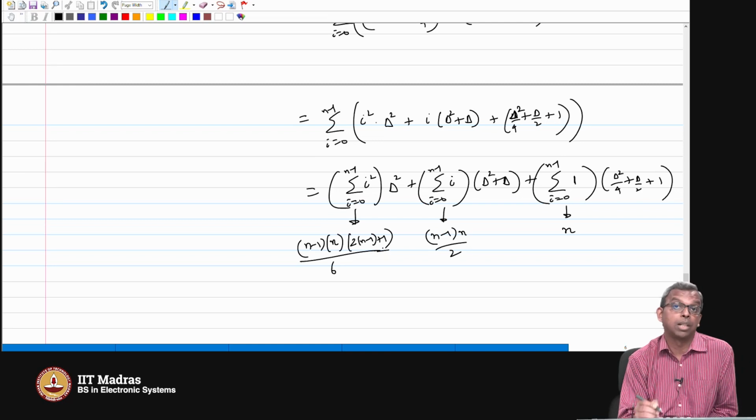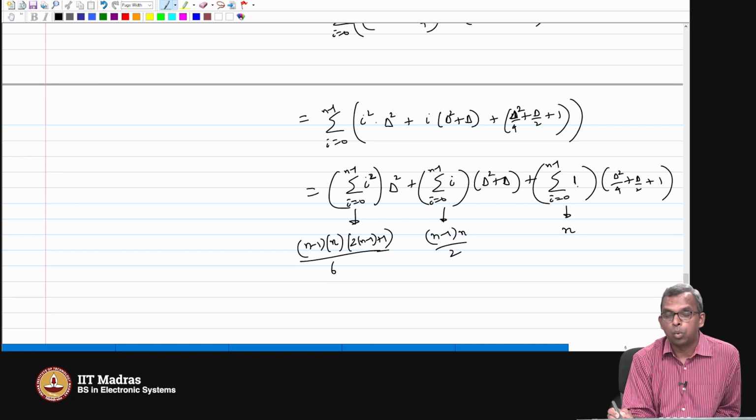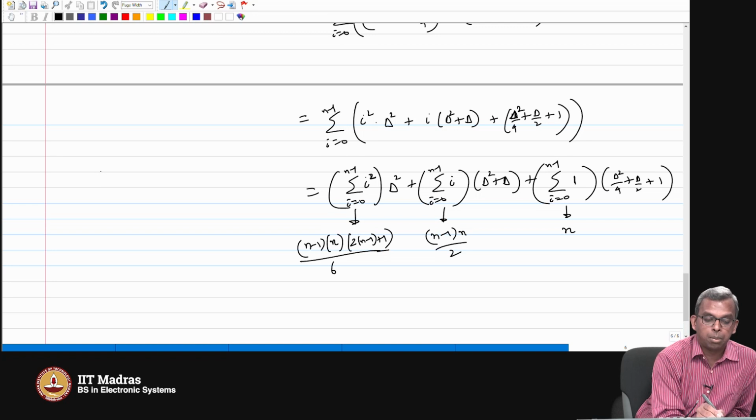So, this is a formula. These formulae you should know. What happens to summation from 0 to n minus 1 of i squared, 0 to n minus 1 of i, 0 to n minus 1 of 1? This is the expression that you will get: n minus 1 into n into (2 times n minus 1 plus 1). This you might want to remember.